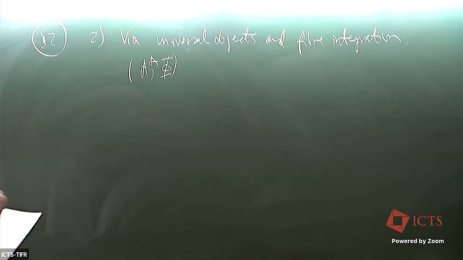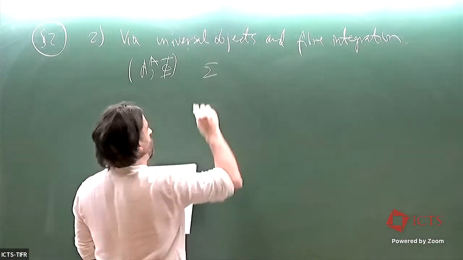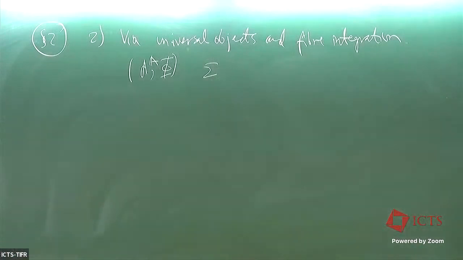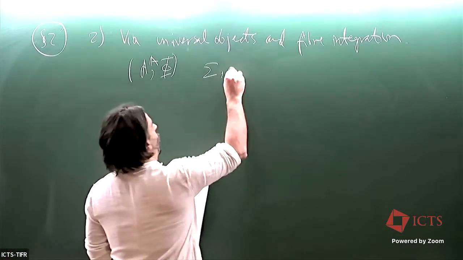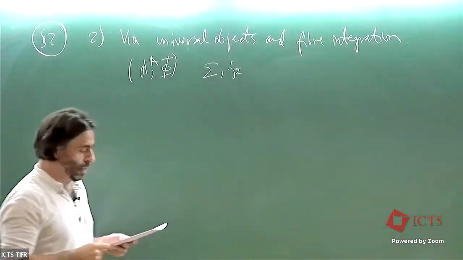So we start with this sigma, this Riemann surface, the space where the vortex is defined. I told you that in my lectures it's going to be always a compact Riemann surface. So it has a complex structure which I call J sigma.